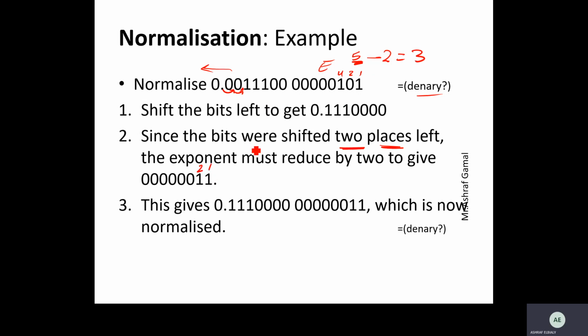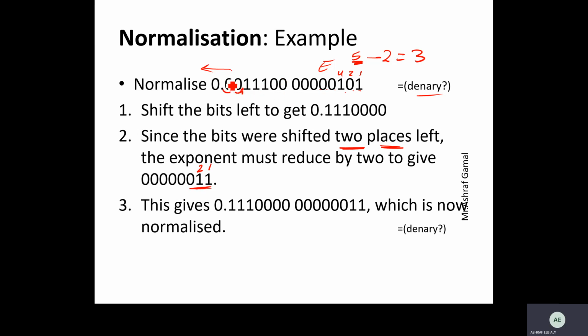So the exponent should be changed from 0, 0, 0, 0, 0, 1, 0, 1 into this value because we have shifted the digits and moved the binary point 2 spaces.